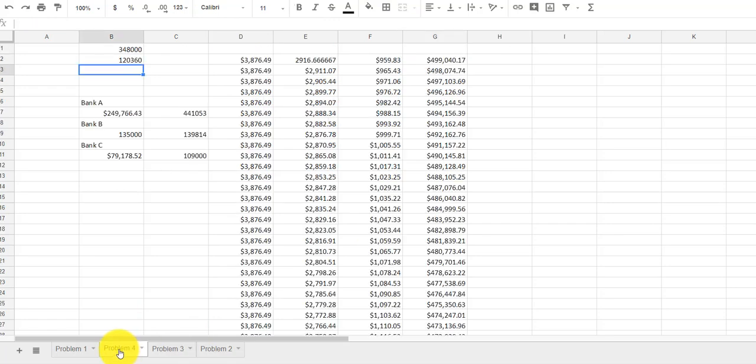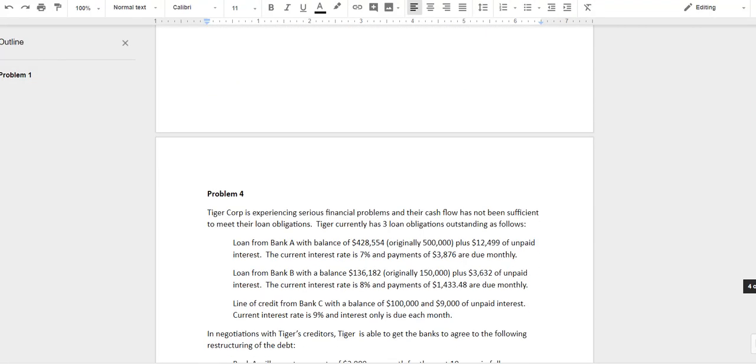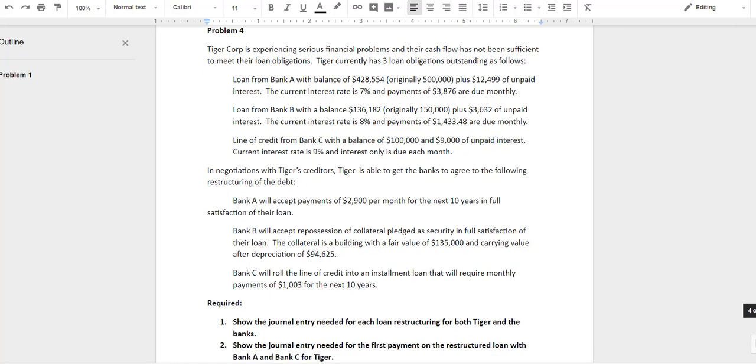And finally, problem 4. Has to do with impairment of loans. We have Tiger with some trouble, has 3 loans, one from A, B, and C. So looking at the loans from A, B, and C, remember banks can only have losses on loans, not gains.